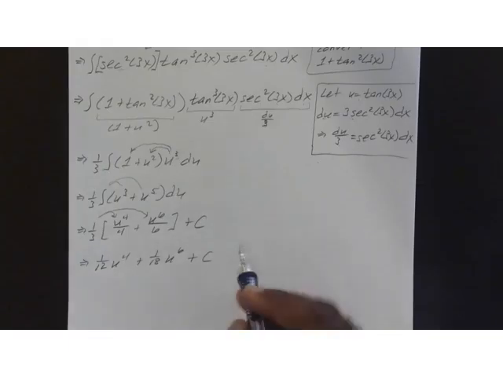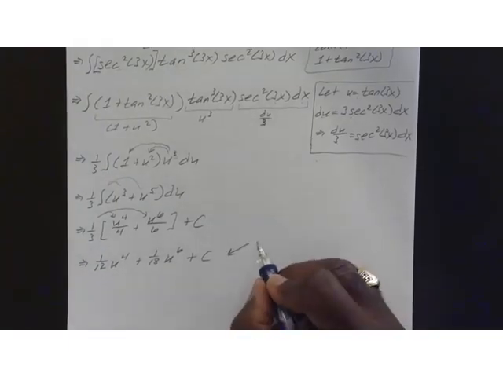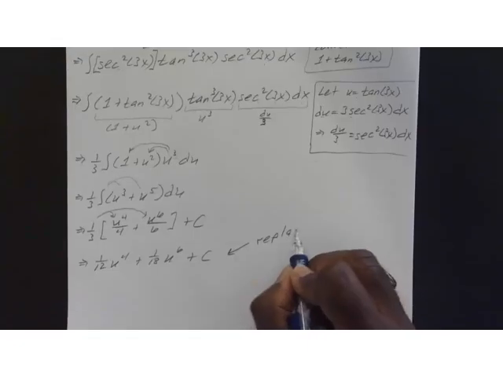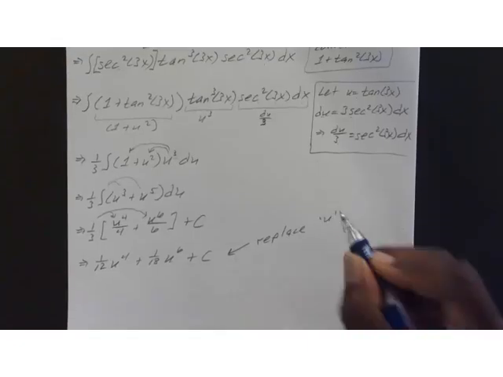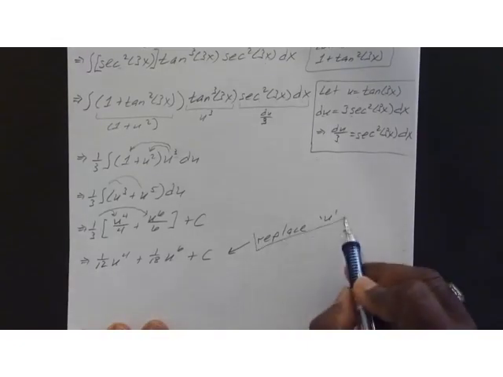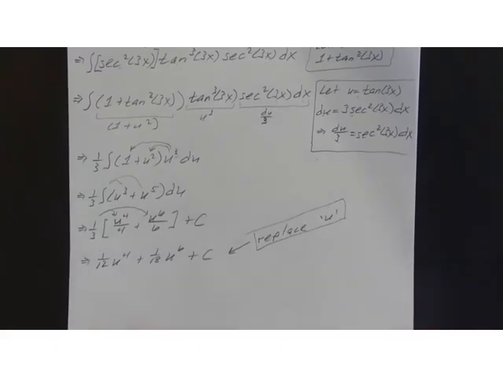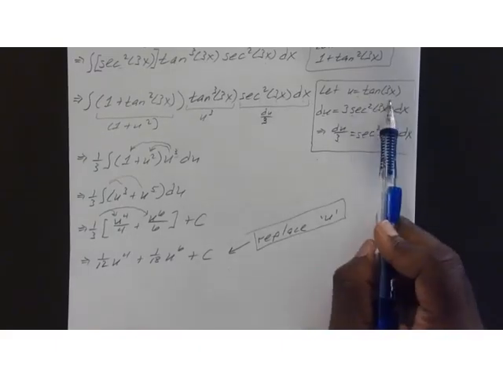Okay. Once you do that, the only thing left is just to replace your u, which is tangent of 3x.